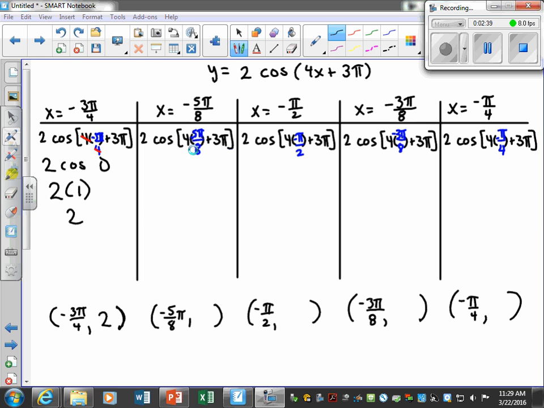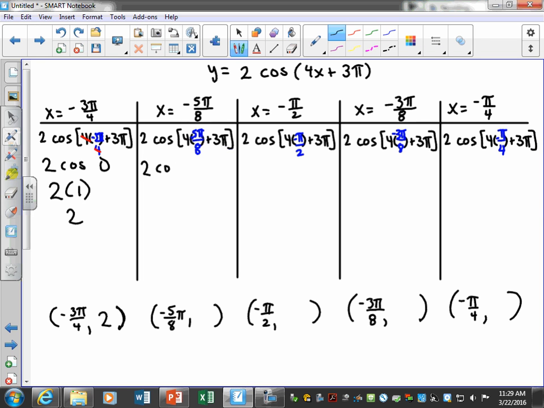The 4 over 8 simplifies, or we can say 5 times 4 is 20 over 8 and simplify that. Either way you want to do that is fine. So let's say negative 2 times the cosine of negative 5 pi over 2 plus 3 pi. So that simplifies, and we're going to take our time as we go through this.